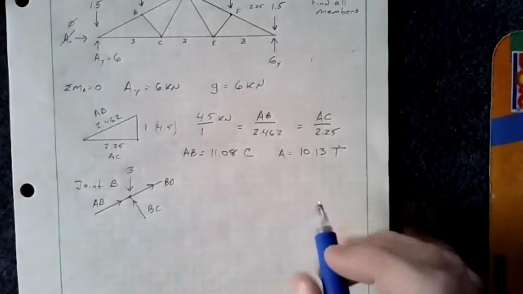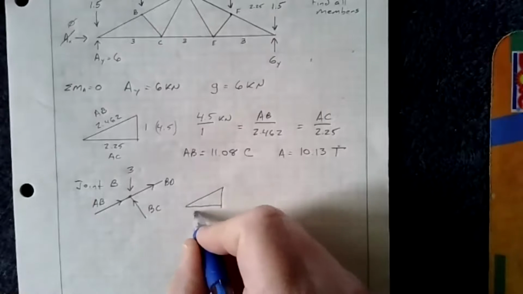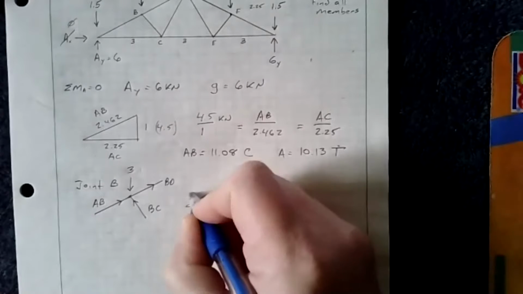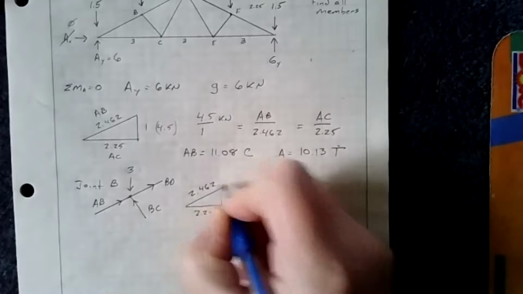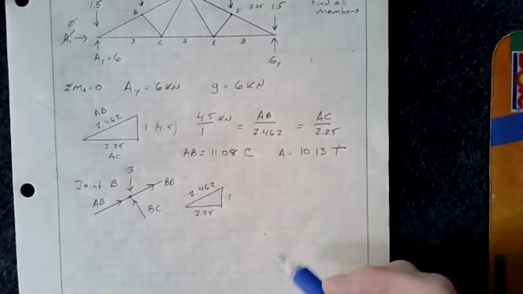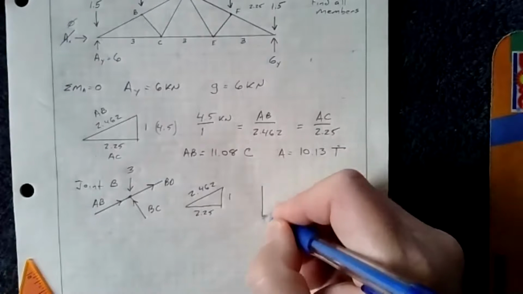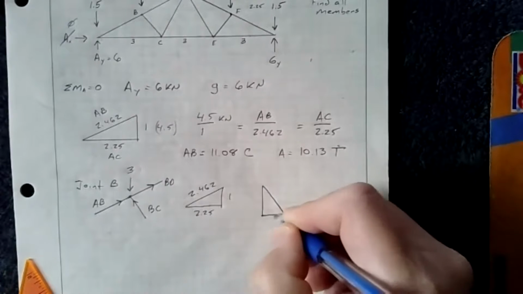So we're still dealing with a 2.25, 2.4621 triangle for AB. The other triangle, that BC, turns out, if we draw it, it looks like this.